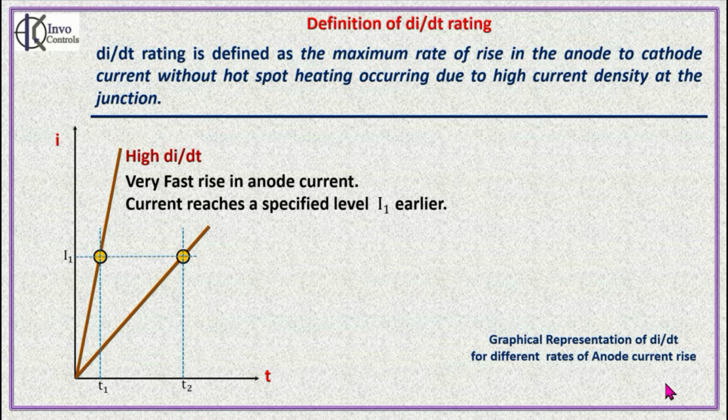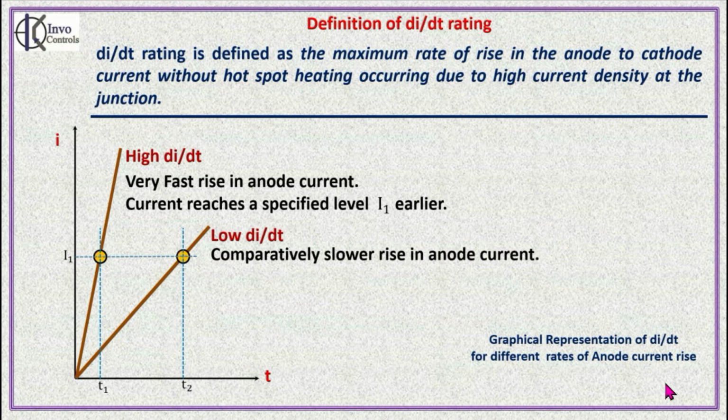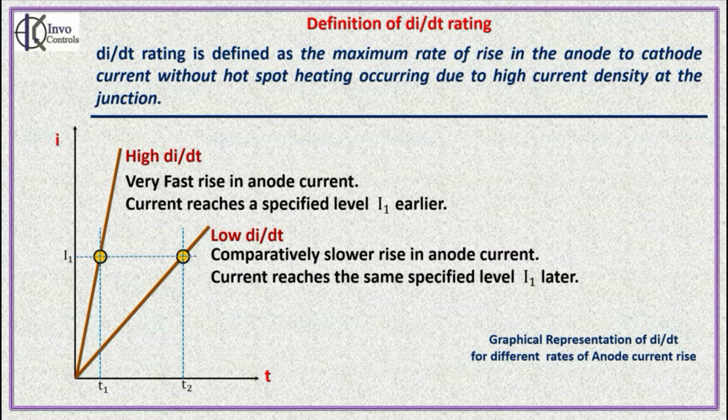The line with lower slope represents a low di by dt where the anode current rises comparatively slowly with respect to time. Another important point to note is that if di by dt is high, current reaches a specified level I1 earlier, and if di by dt is low, current reaches the same level later.